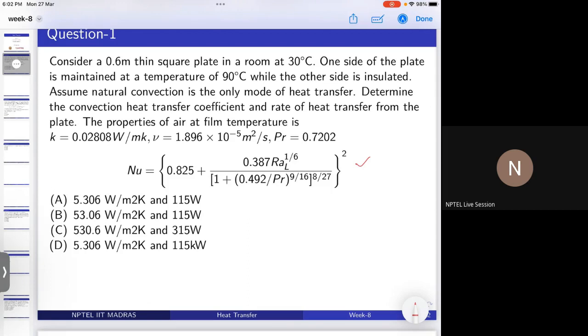This is basically a simple question. Everything is given, so you just need to substitute the values into the Nusselt number correlation and find the heat transfer coefficient. This will give the first answer. Once we get the heat transfer coefficient, we can easily calculate the heat transfer rate. I will give you 5 minutes to solve this. It is just substitution of the values, and the only thing to do is the Rayleigh number correlation.